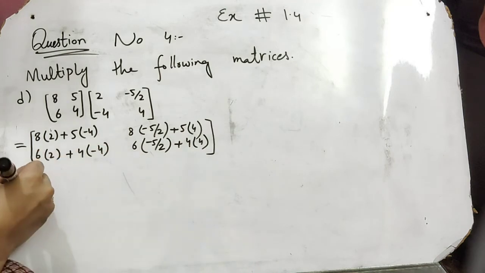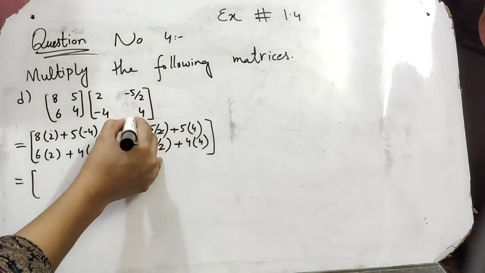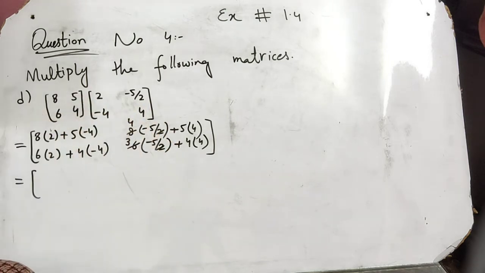So it will be equals to, 2 and 8 can be cancelled, and 2 3s are 6, so this can also be cancelled.